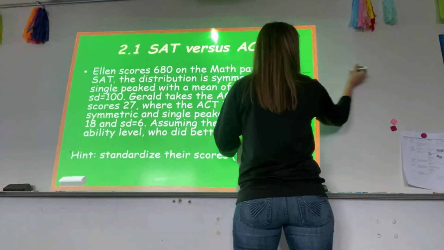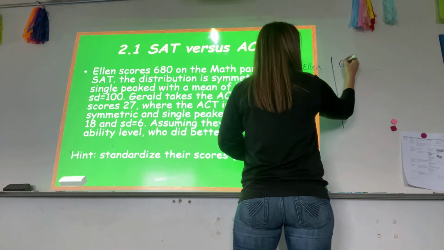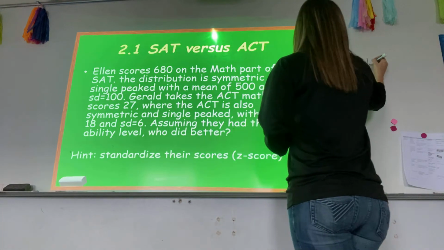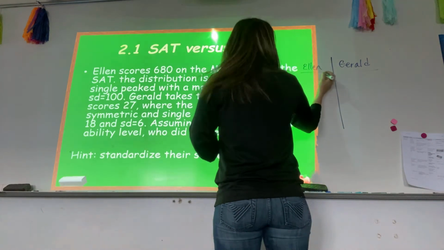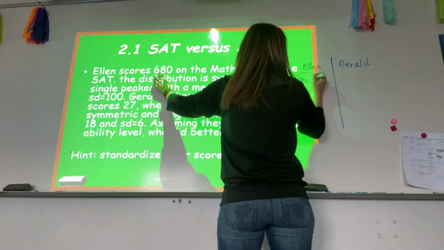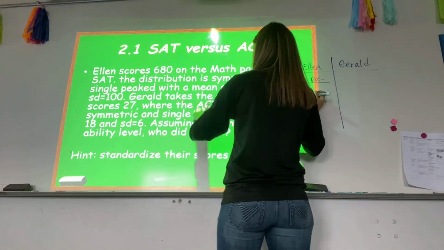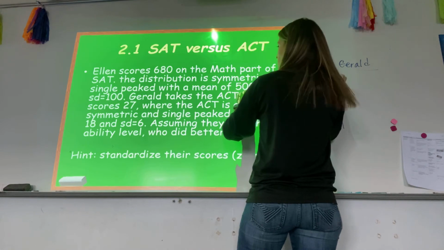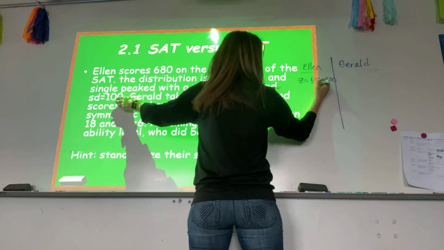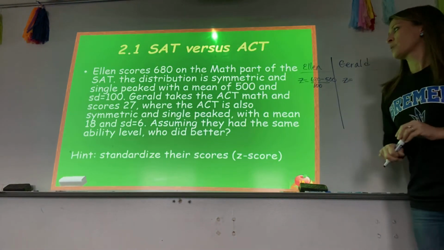So here we go. How are we going to do this? That's right. Let's find their Z-scores. Ellen's score minus the mean divided by the standard deviation. Gerald.